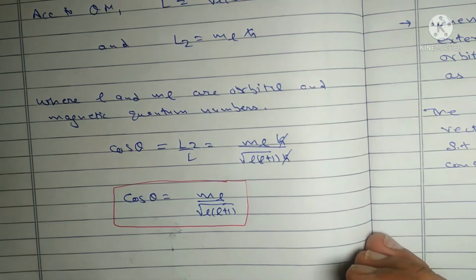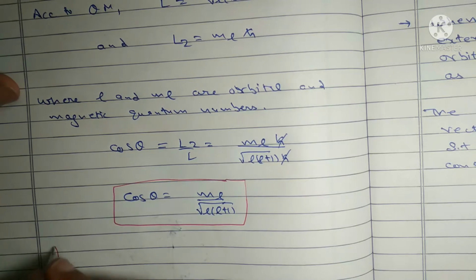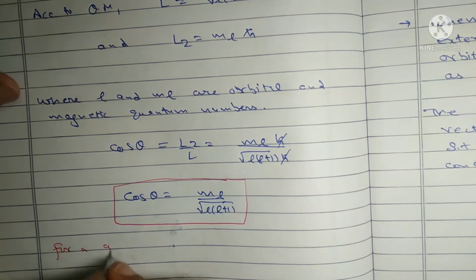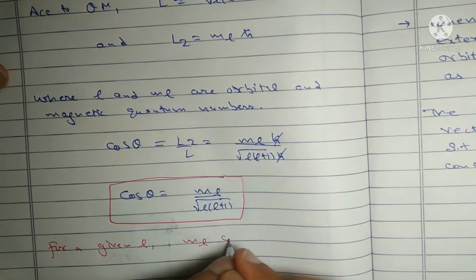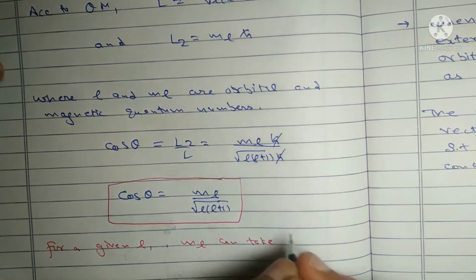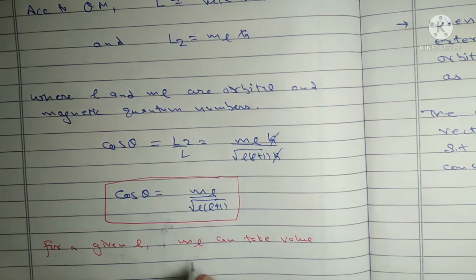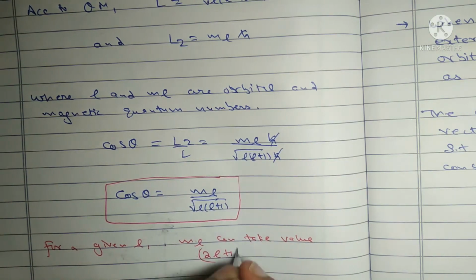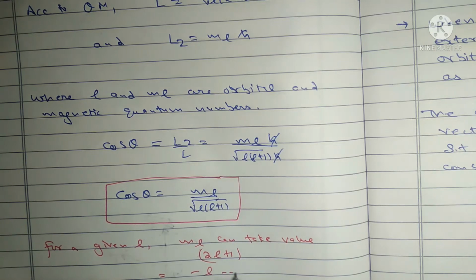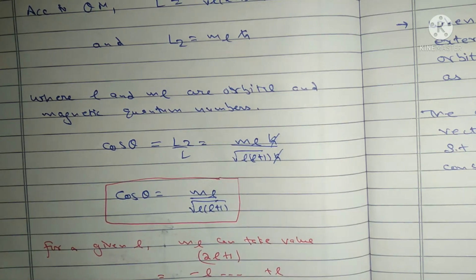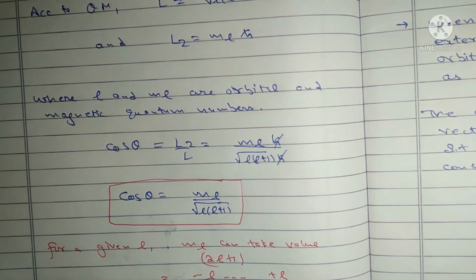Now for a given l, ml can take values from minus l up to plus l, which is equal to 2l plus 1 values.